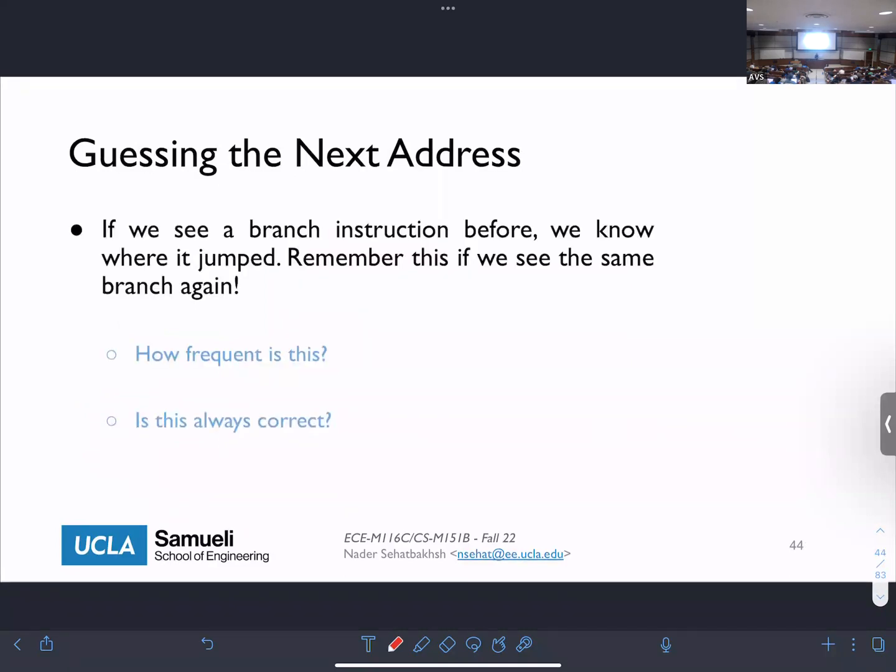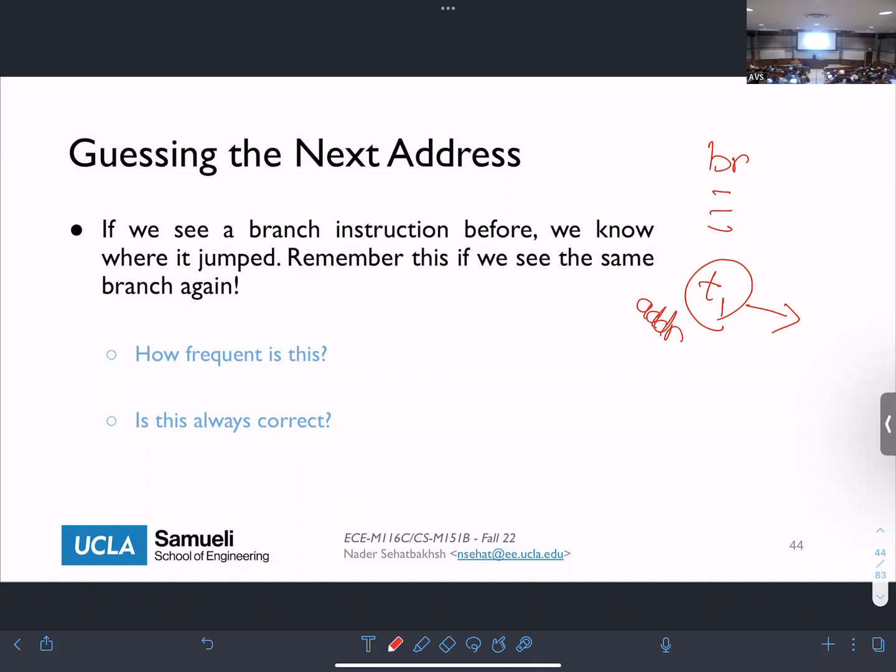So again, the idea is that if we see a branch instruction for the first time, at some point it will jump to T, right? So if I have this branch, let's say for now we cannot do the taken, so we make some mistakes, but at some point in our pipeline we will see that it's jumping to T1, right? So we know this address now.